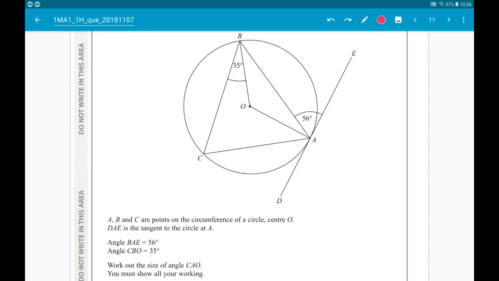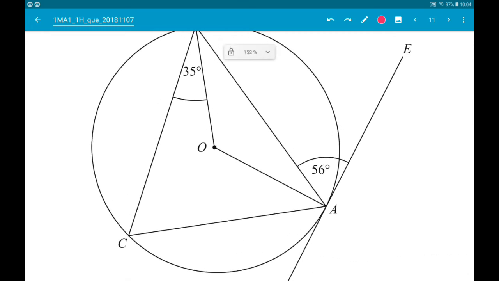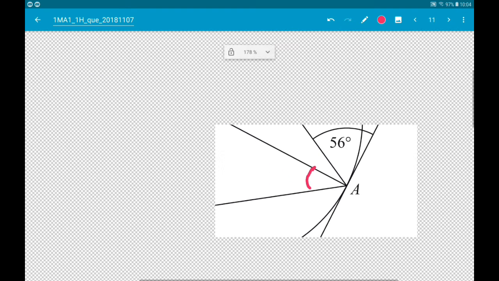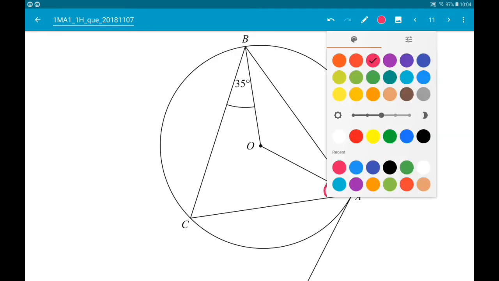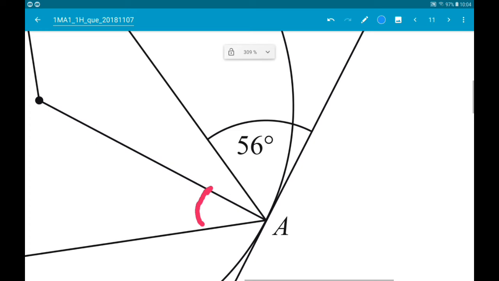So let's find CAO. So that then is going to be this guy here. Okay, so how are we going to do that? Well, a radius and a tangent meet at 90 degrees. So we know this whole angle here is 90 degrees.